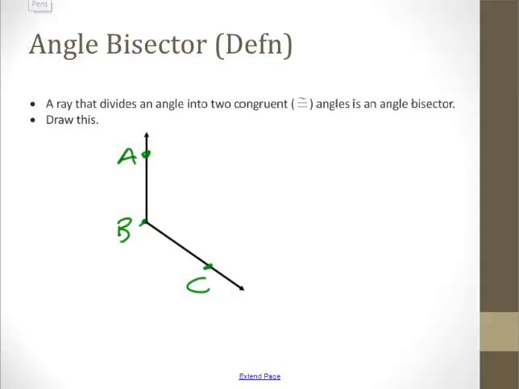So let's say, for instance, that this entire angle here is 140 degrees. I'm going to take an angle bisector that starts at the vertex and goes right in the middle, and right now I'm estimating. Since the entire angle is 140 degrees, that means each one of these splits to 70.